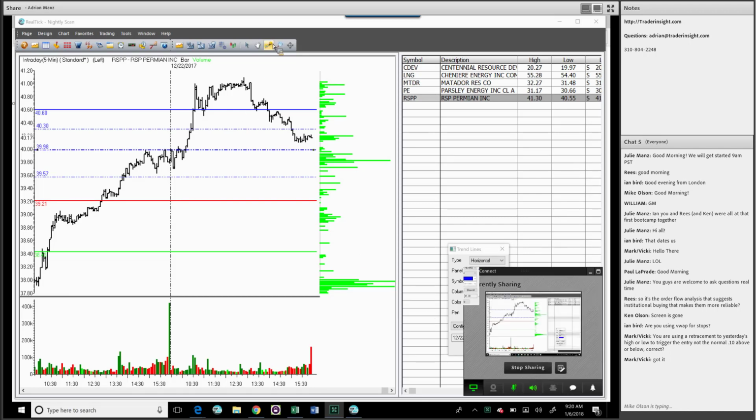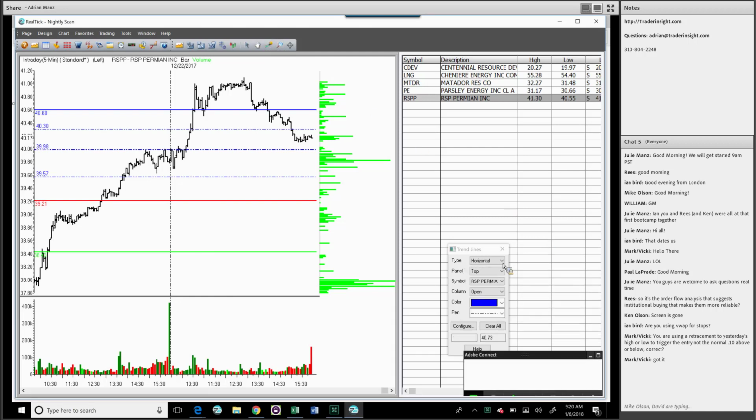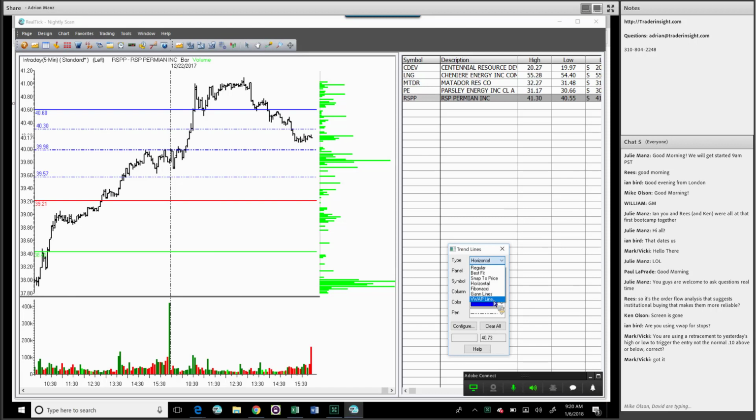When you're setting your stops, you can take the volume weighted average price of the last leg of a move. Right, so in this case, this would get you up into this range, right? And I guess the last leg of the move really is from here up to here.